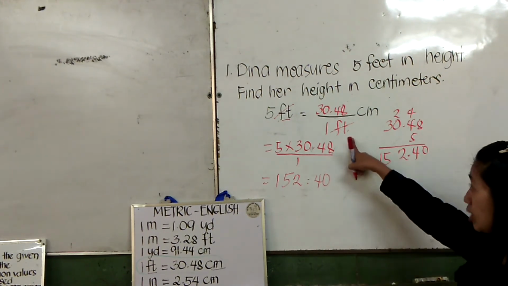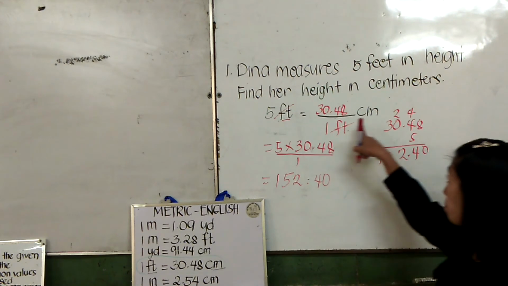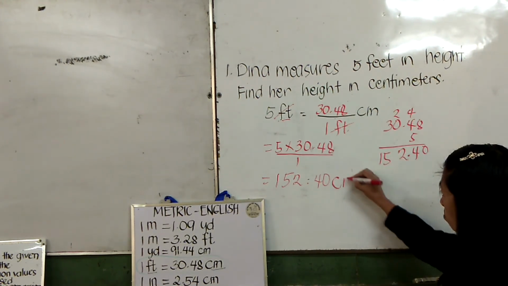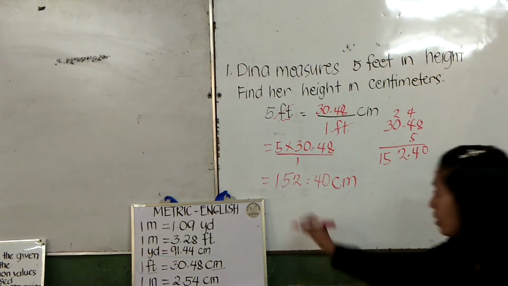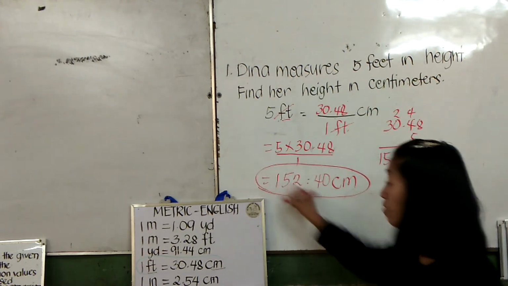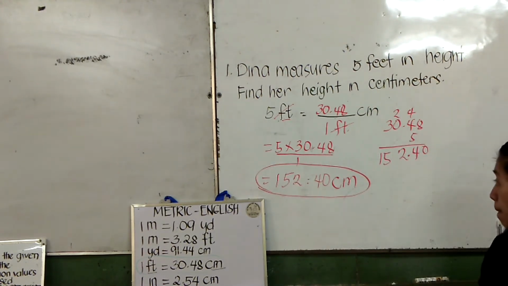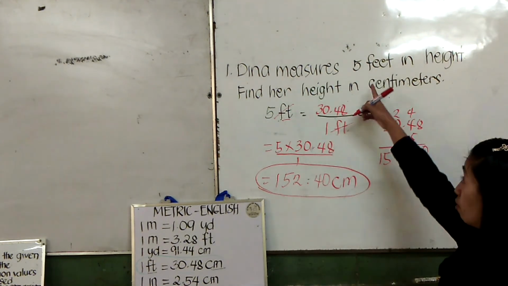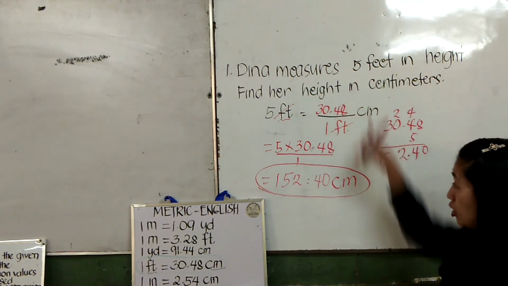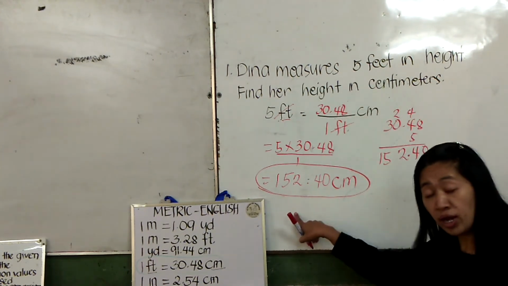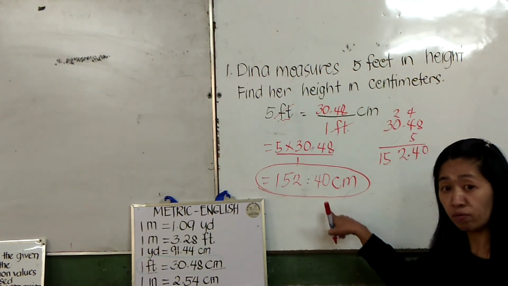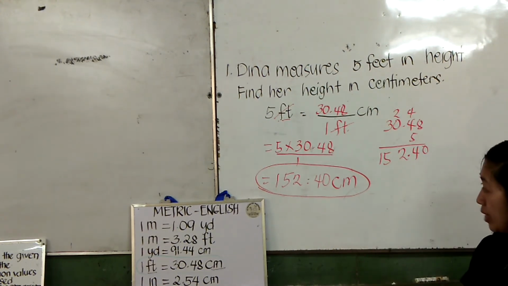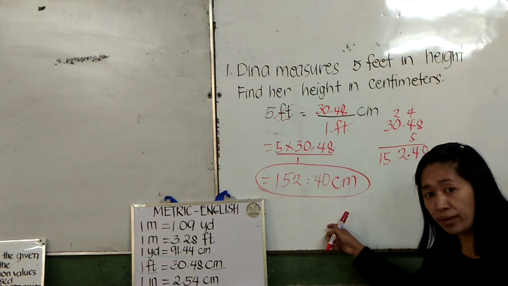Since we cancelled out feet and feet, we carry the unit to be in centimeter. So that is our final answer. This means that the equivalent of 5 feet in centimeters is 152.40 centimeters.